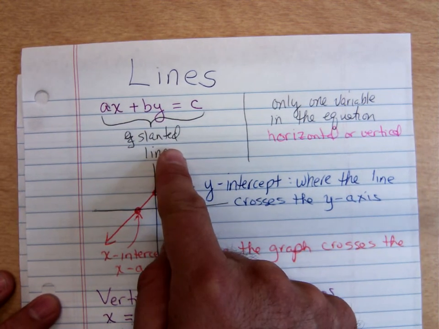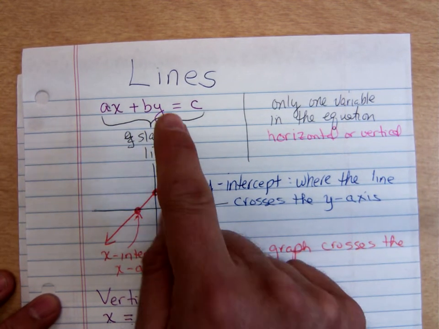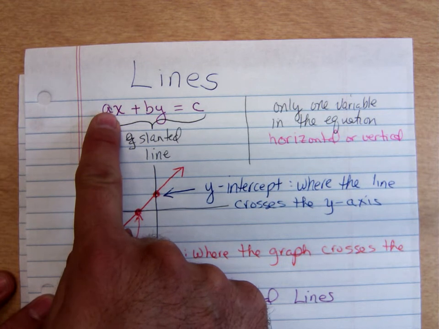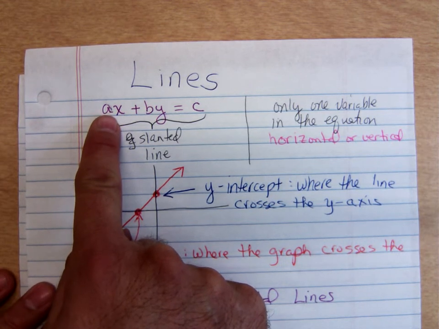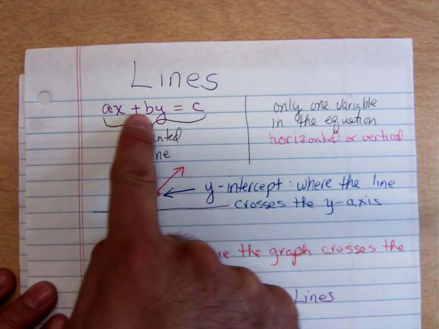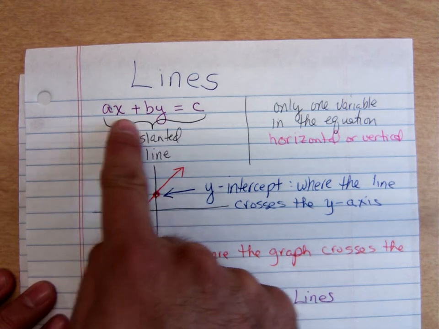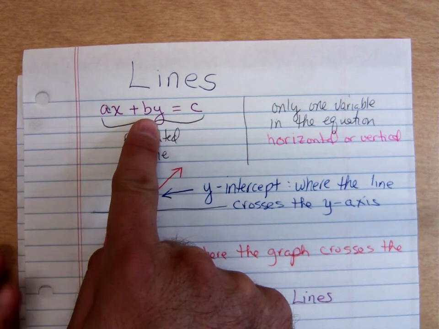If the equation is written with the x and the y on the same side, that's just standard form for a line, but there's another way you can write the equation of a line.